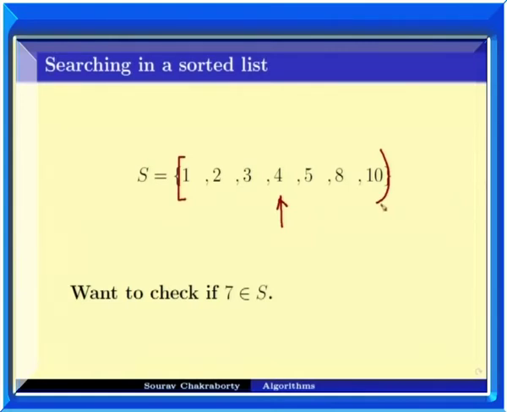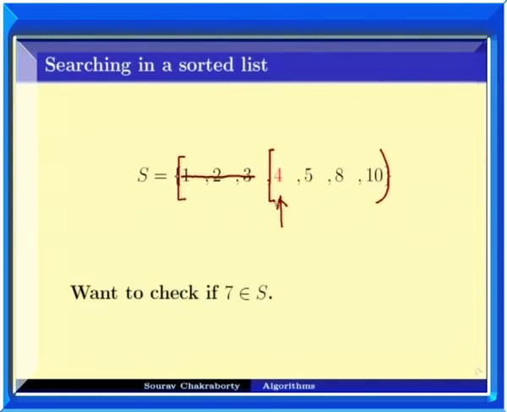So, we first go to 4, and we get the answer that 7 is greater than this number, and now we know that it cannot be to the left of this number. In some sense we can strike off everything before, or rather we can push this square bracket up to 4, because we know that if at all it exists, it is in the 4 and above.